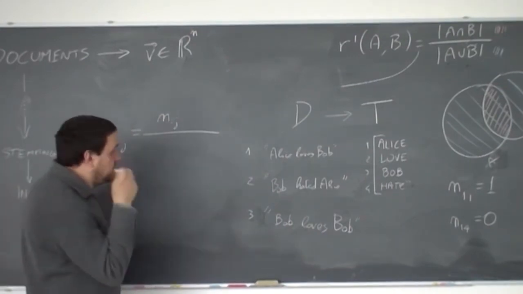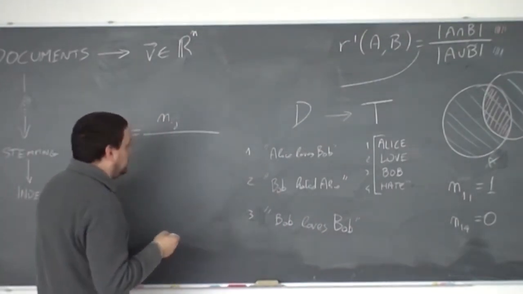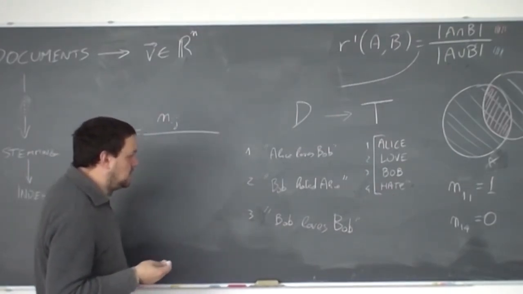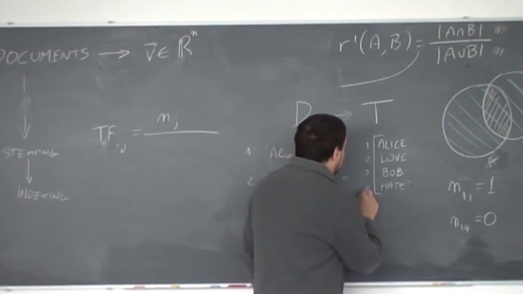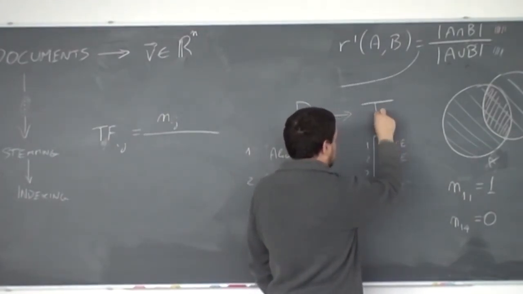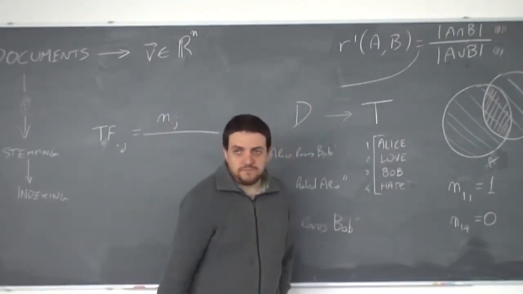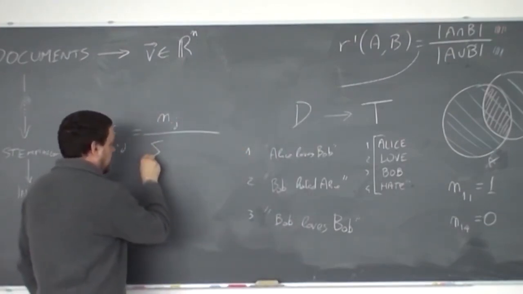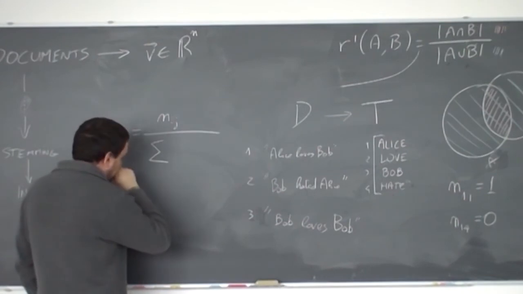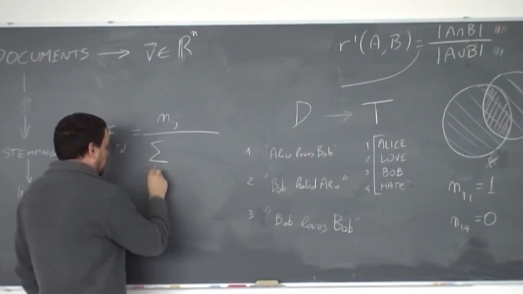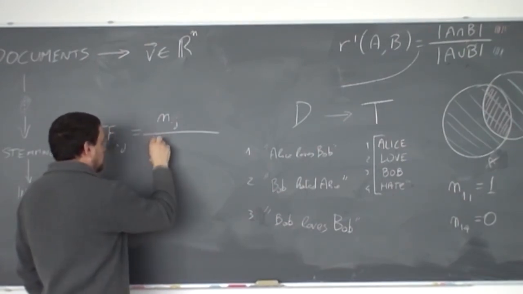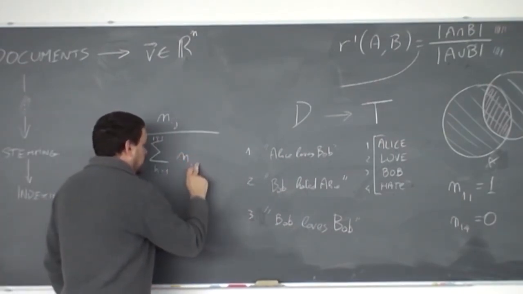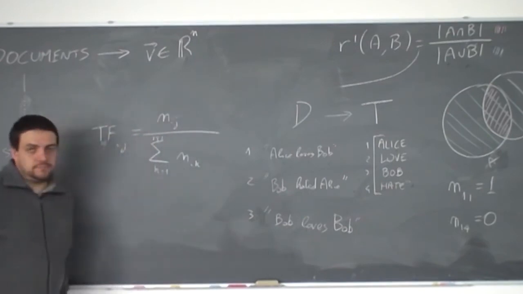The overall number of terms in the document we can define in many ways, of course. Let's call the set of terms T. So we can just sum, for all k from 1 to the number of terms, Nik.